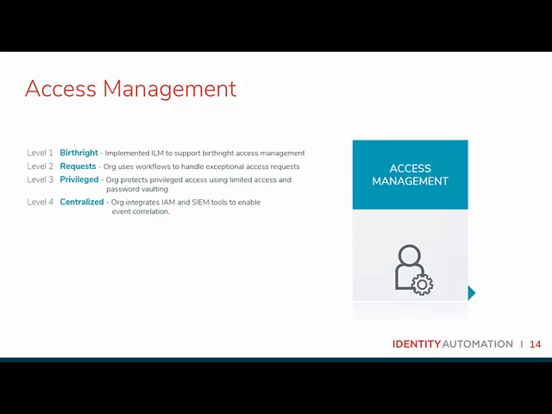And again, through a workflow process, maybe that has an approval on the back end, as we talked about previously with some of the delegated administration. And then we can also put limits on the duration of that access with capabilities to extend or certify continued access. Then as we move to level 3, which is a little bit more privileged, this is where we move beyond our regular access and we start to focus on privileged access management.